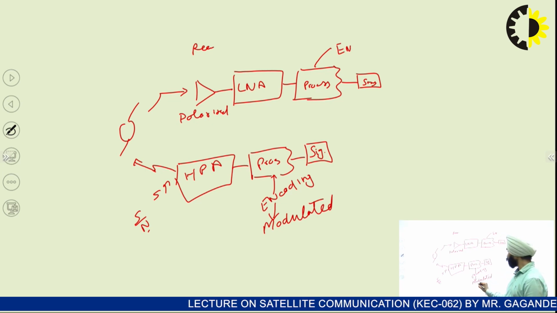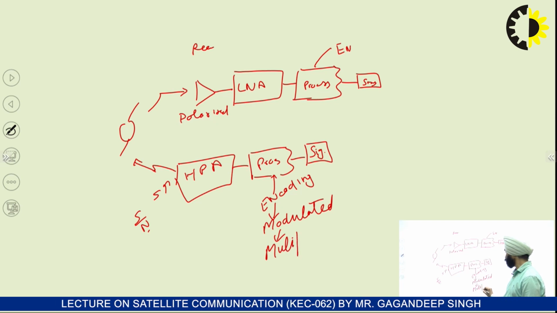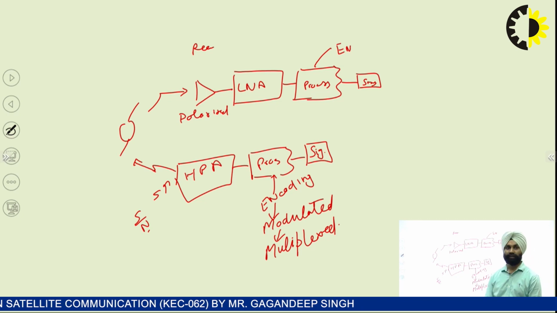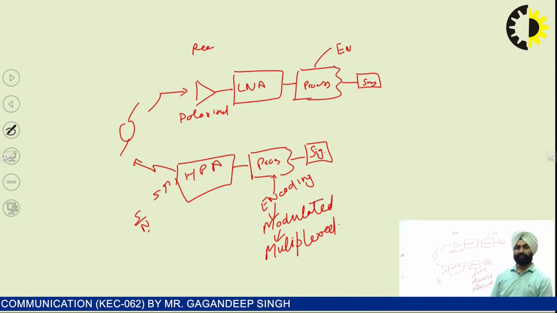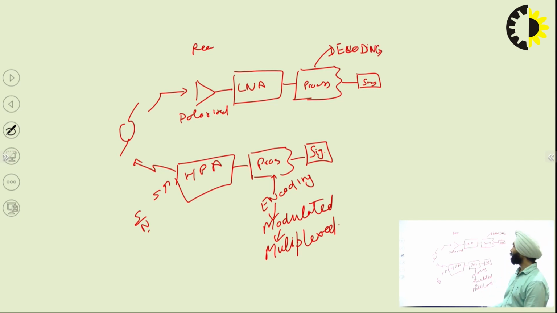And then it also multiplexed. So correspondingly, the deprocessing used over here is decoding, then demodulation, and then demultiplexing.